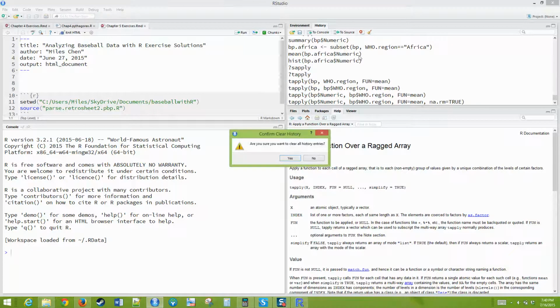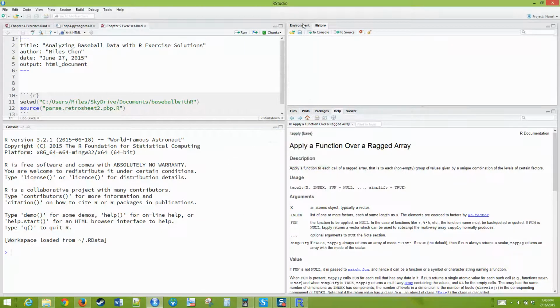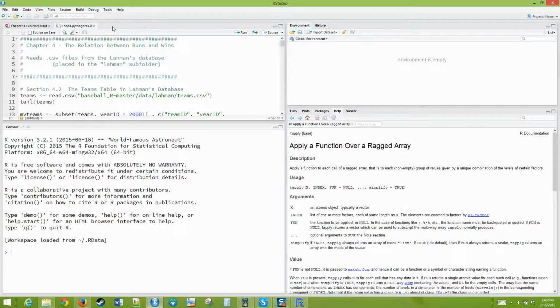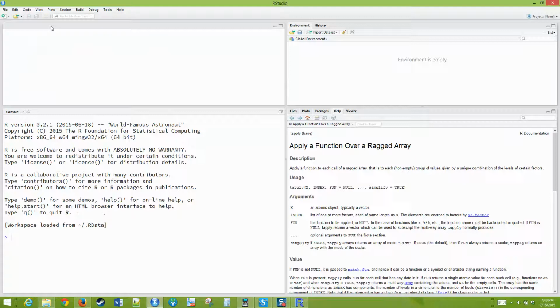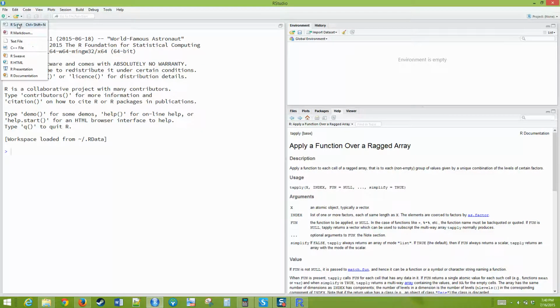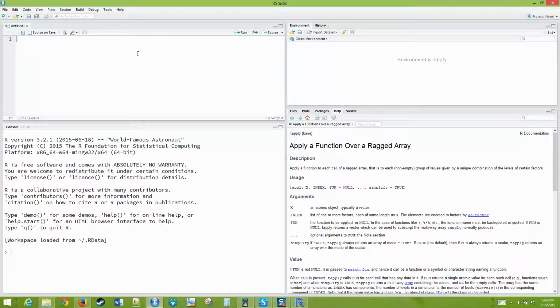Let me clear everything out. So let's create a population. I'm going to make a population of, let's say, 100,000 things.